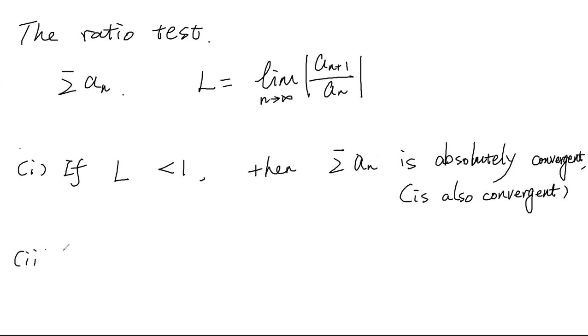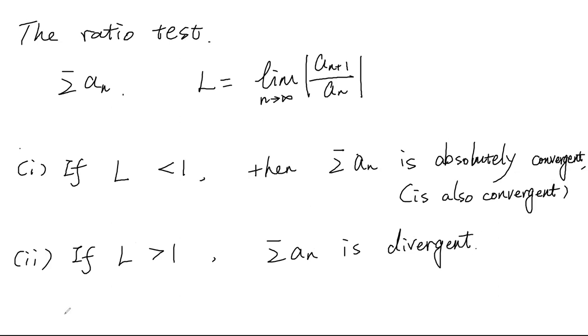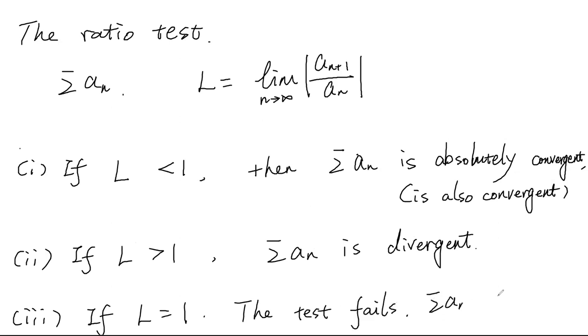And if this ratio is greater than 1, an is divergent. And if this ratio is equal to 1, the test fails and is inconclusive, which means you can't get the convergence or divergence of the series from the ratio test.